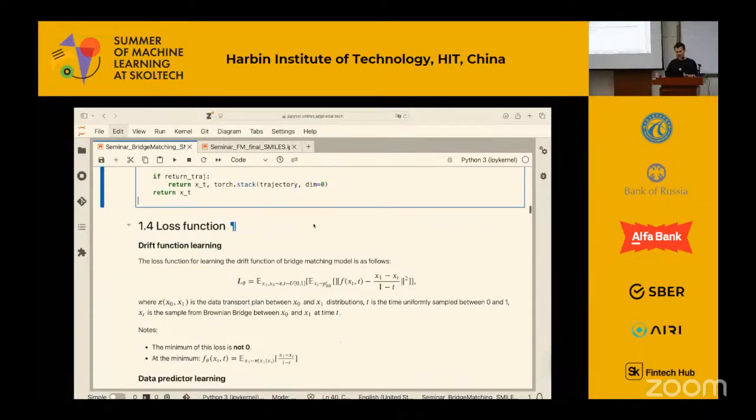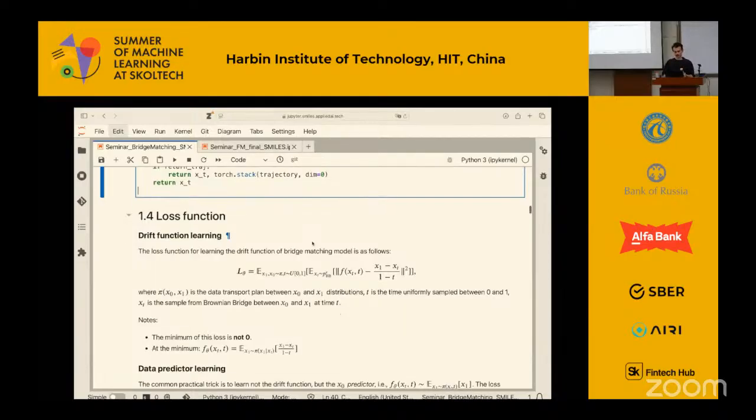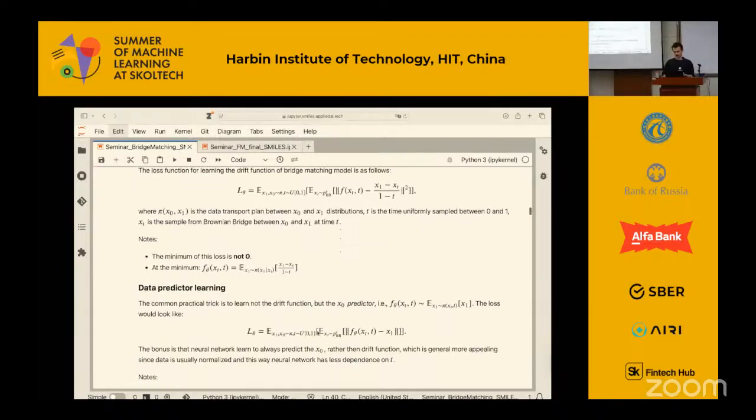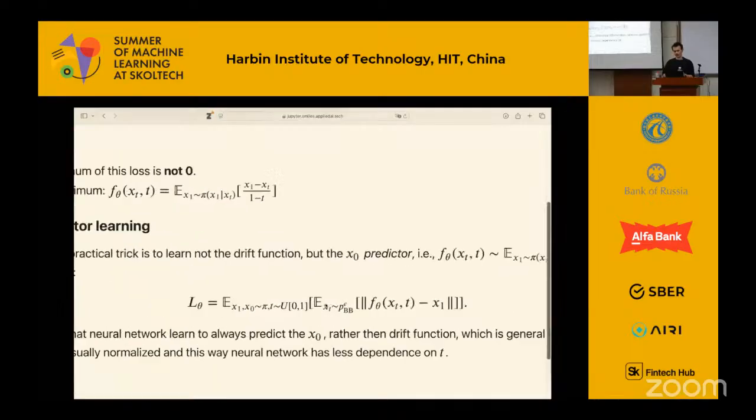Okay, so as I've said, if you predict the data instead of learning the vector field, then your loss function will alter a bit, and it would look like this, because now you learn the x1 data and not the vector field. And you would not have any unexpected computational problems with t close to 1 during training.